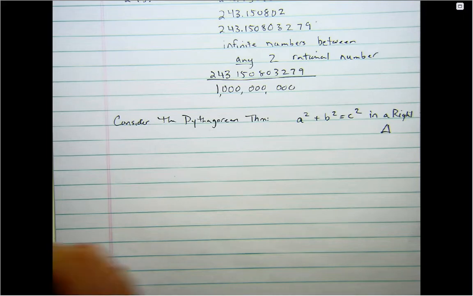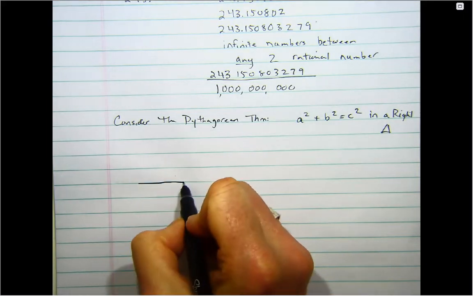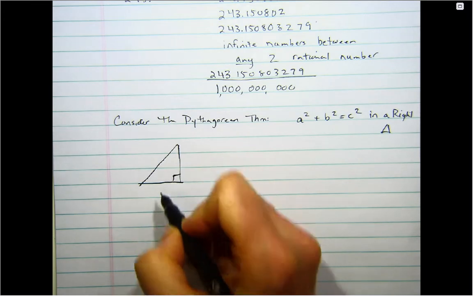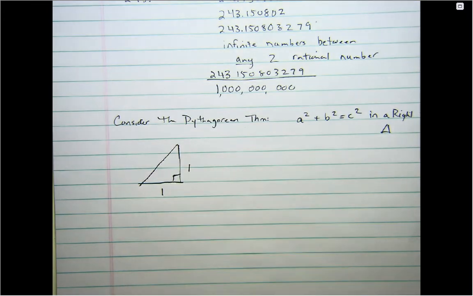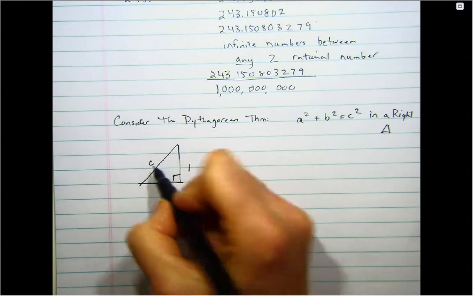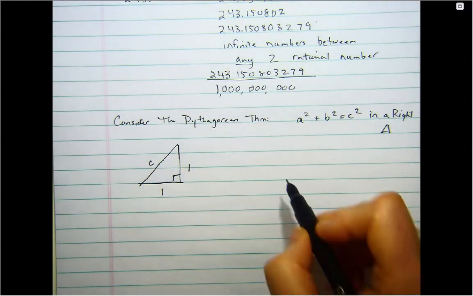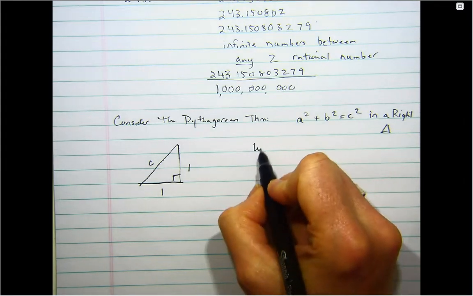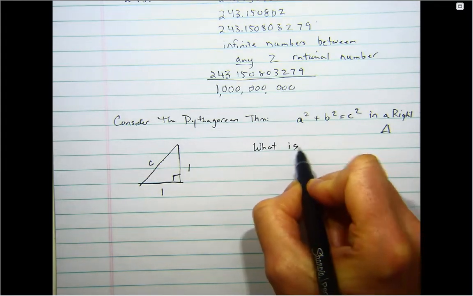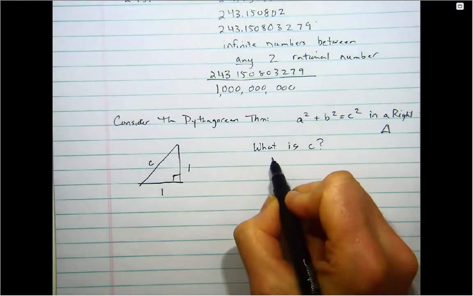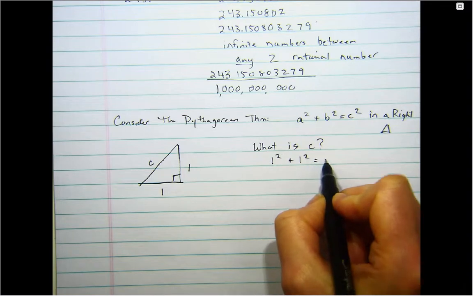So we're going to look at the simplest right triangle. The simplest right triangle would have a and b, which are the legs, the parts that make up the right angle, be 1. So let's see what this missing side is. We'll call it c since that's the part in the Pythagorean theorem that it is. So we'd have 1 squared plus 1 squared equals c squared.